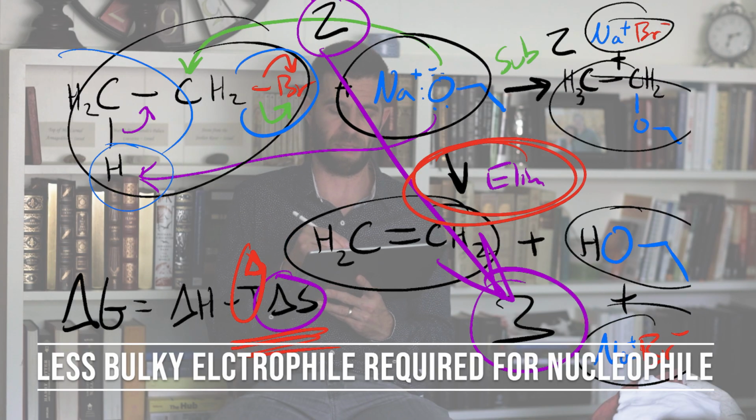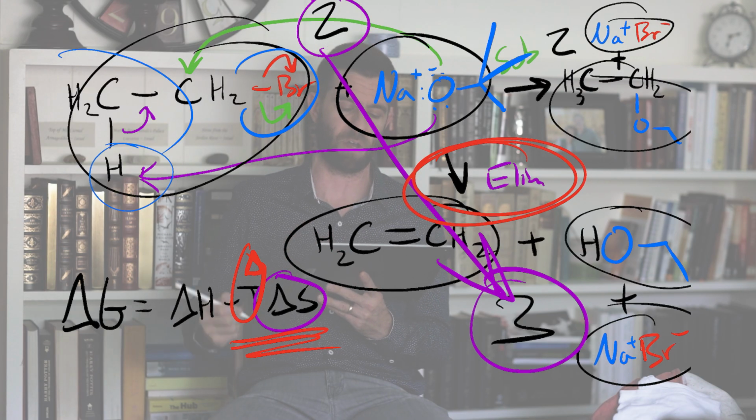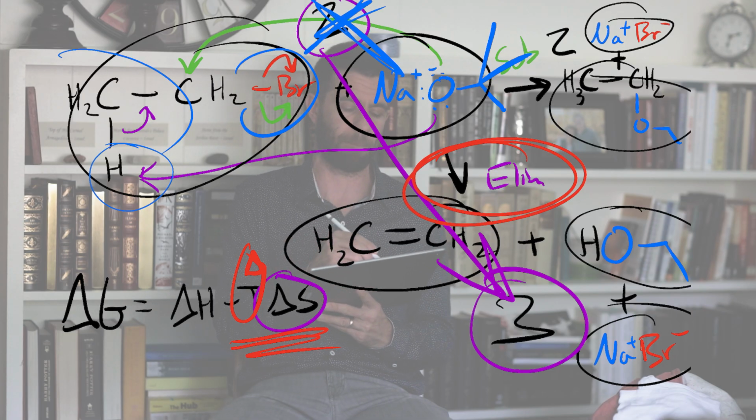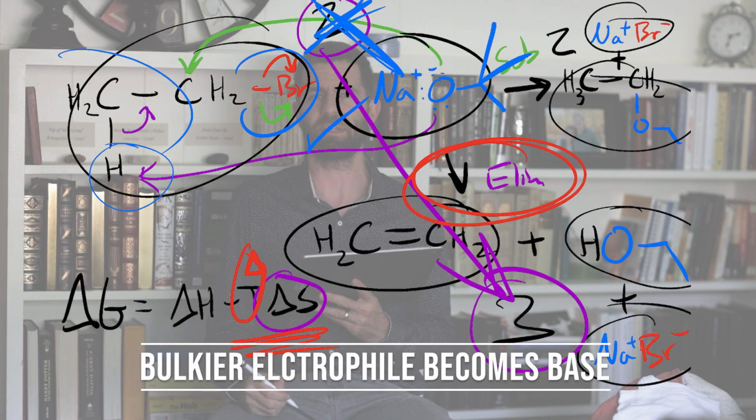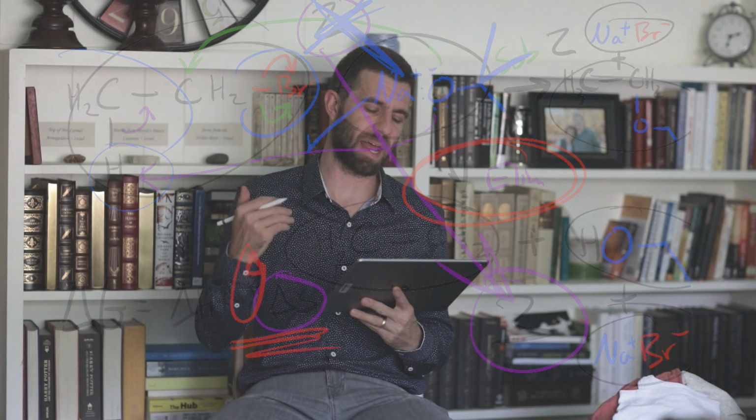So what would happen if we start to put more things onto the alkoxide? Well, it's going to make it much less likely to be a substitution, and it's going to be much easier for it to do this elimination. So that is one more example of how we can push things towards substitution and elimination. The bulkiness of our attacking group and heat are two really important ways we can do that.